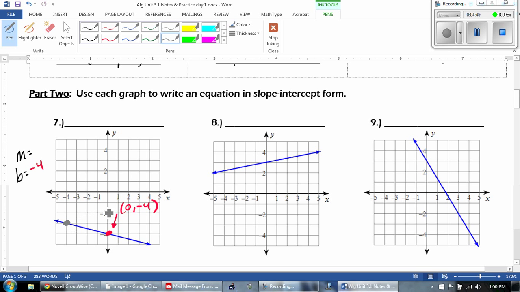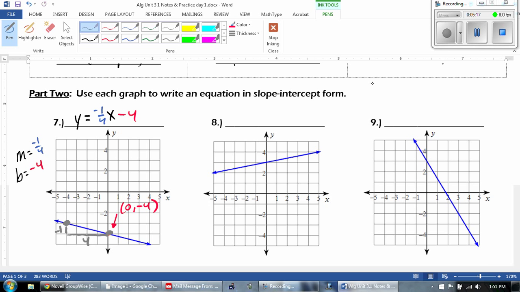So I see a point right here, and we're going to use that point. So I went down 1, 2, 3, 4, over 4. So my slope is -1/4. So we would say that y equals -1/4 x, and then the y-intercept of -4.